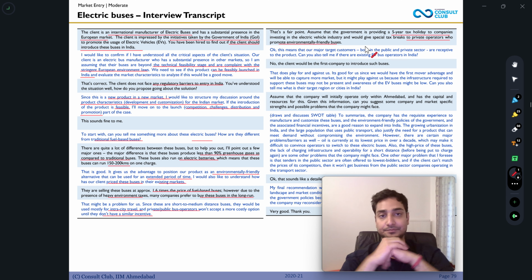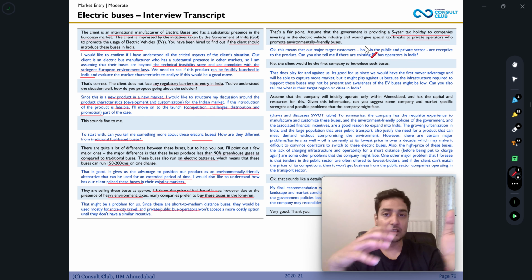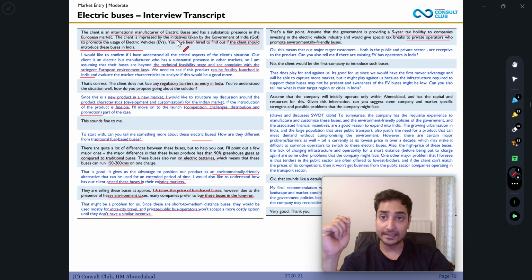So this is a good point that the interviewer is helping out, but a better thing would have been if the candidate had focused on the initial part of the interview, which said that the government is providing incentives to promote electric buses, rather than coming to a conclusion that the bus operator will not prefer this option since it's costly.